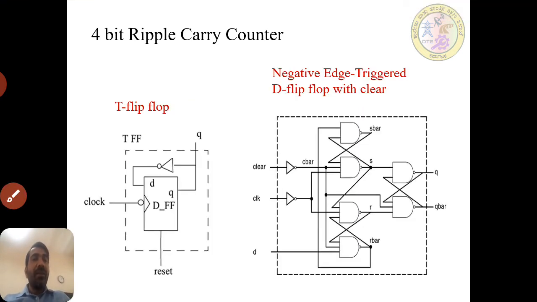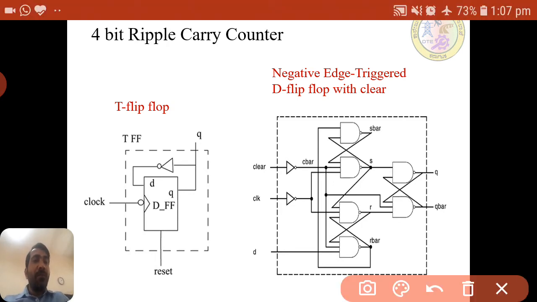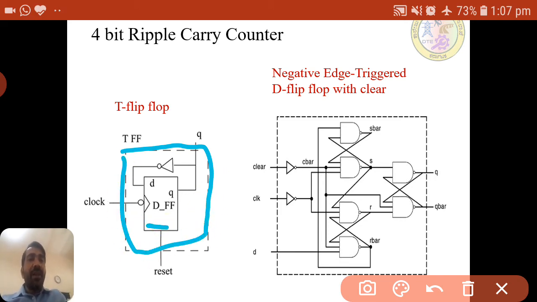Inside, whatever the flip flop is, the T flip flop is constructed with one D flip flop and a NOT gate. So how will it work? Let us say the present output is 0.